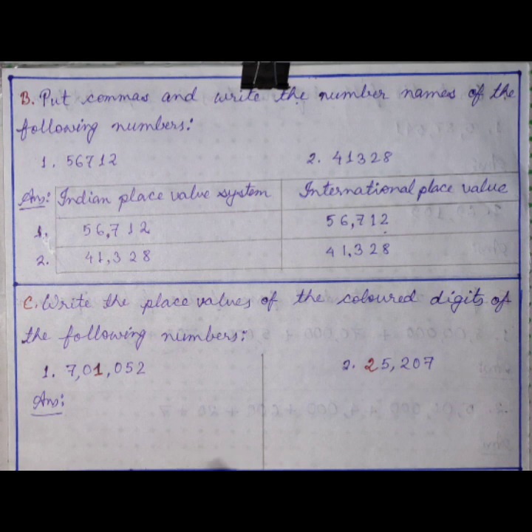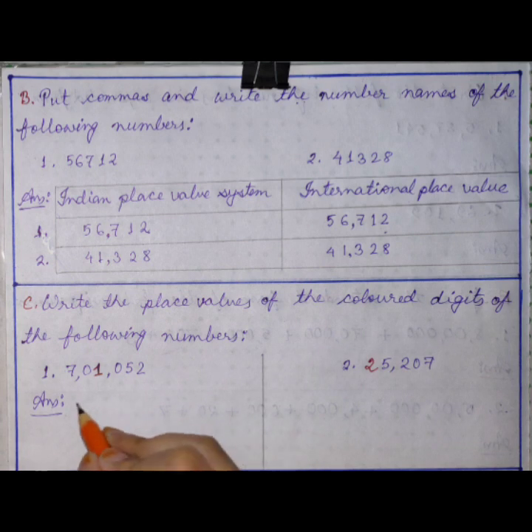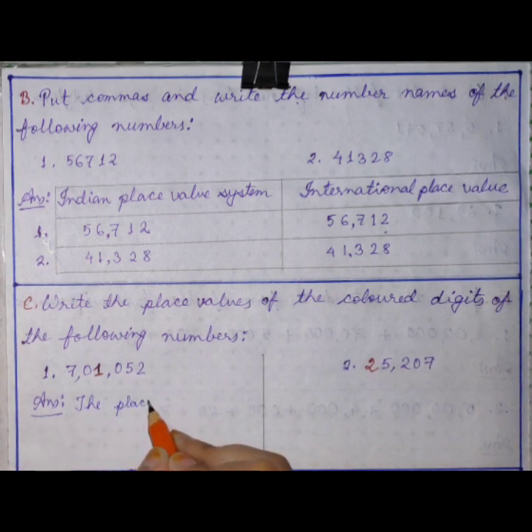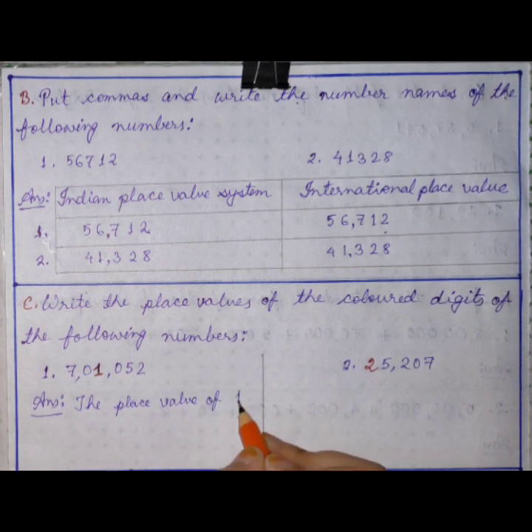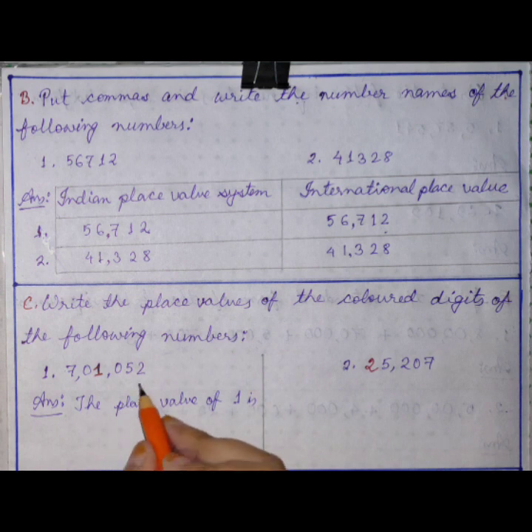Now let us write the place values. Here the place value of 1 is what? 1 is in which place? Ones, tens, hundreds, thousand.